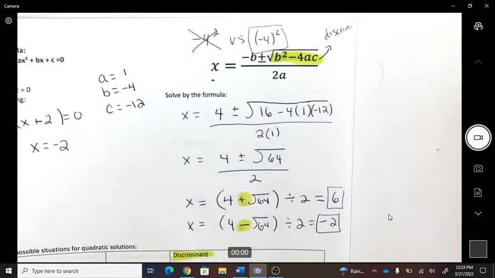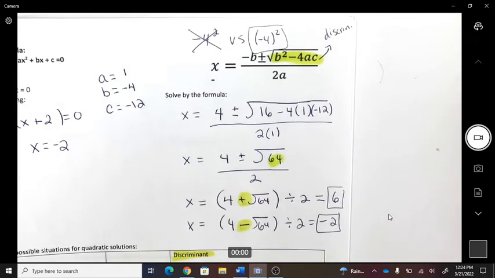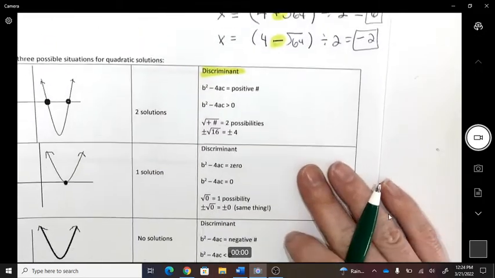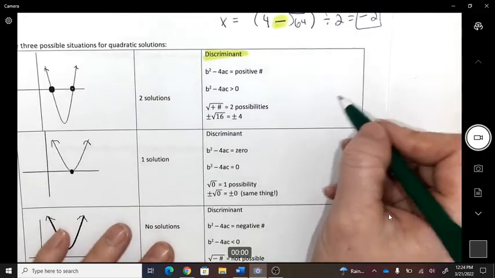So in this question, our discriminant was 64. So 64 was the discriminant. And how many answers did I end up getting? I got 2 answers. So here's why.